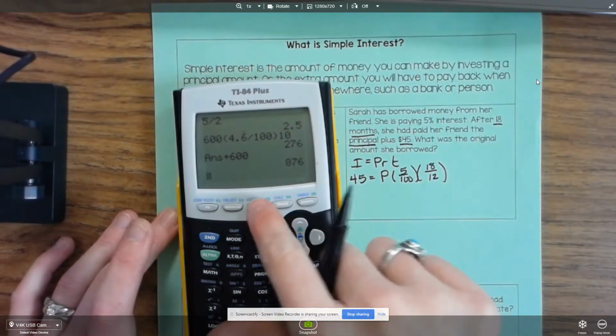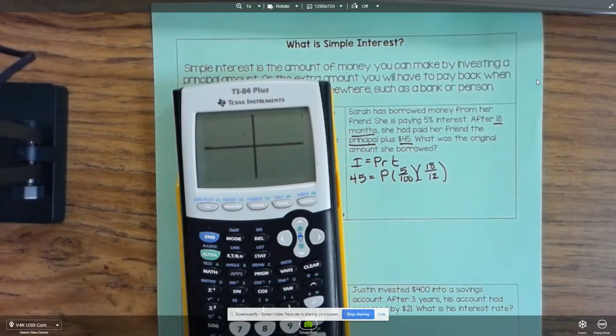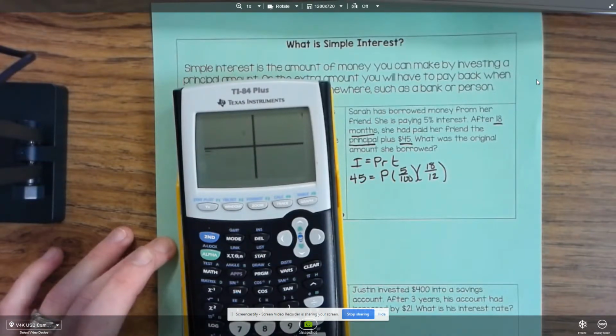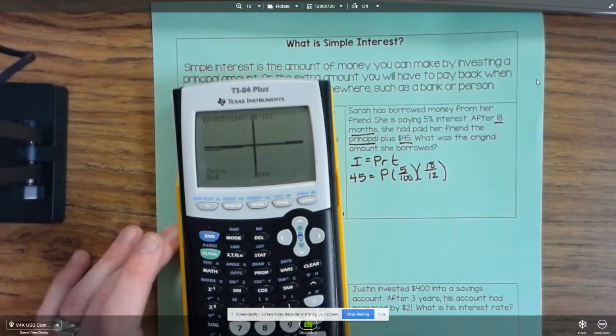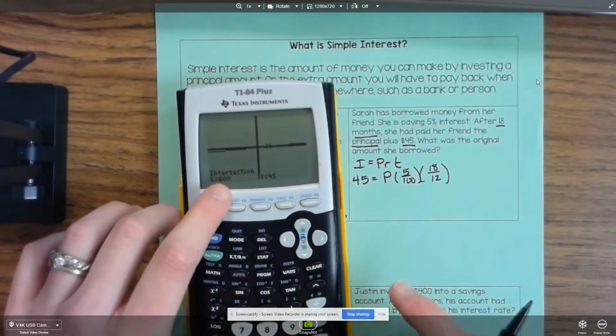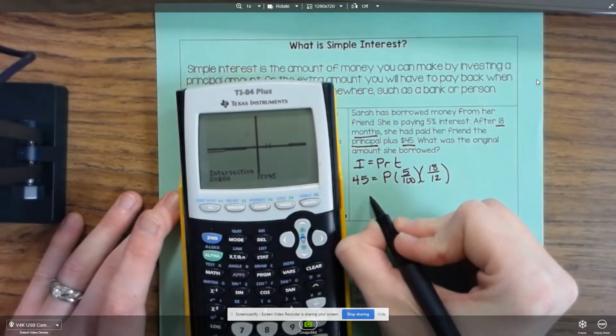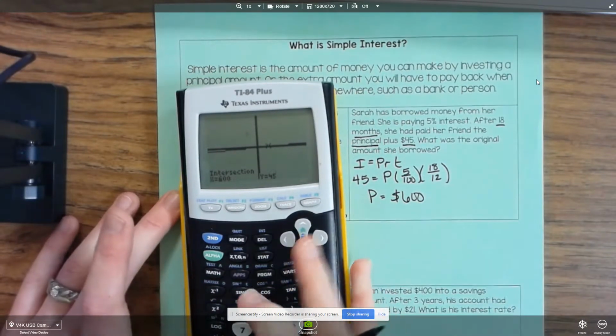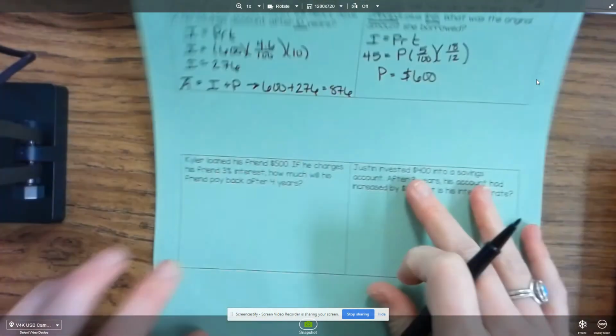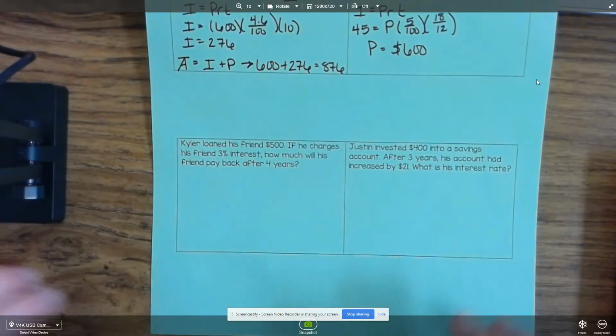And we're still not out far enough. Okay, let's try it one more time. All right, there's my intersection, 600. So my principal would be $600.